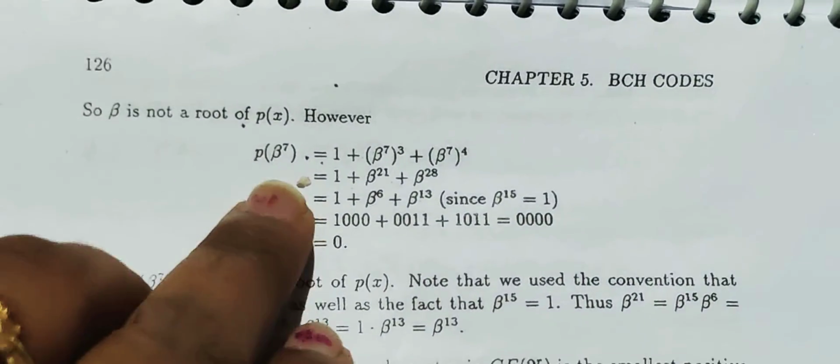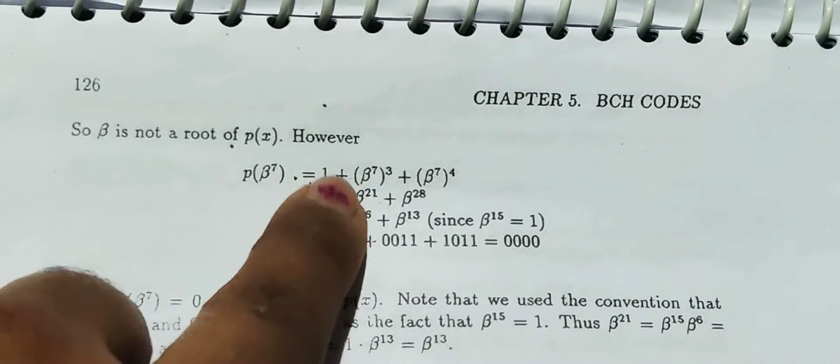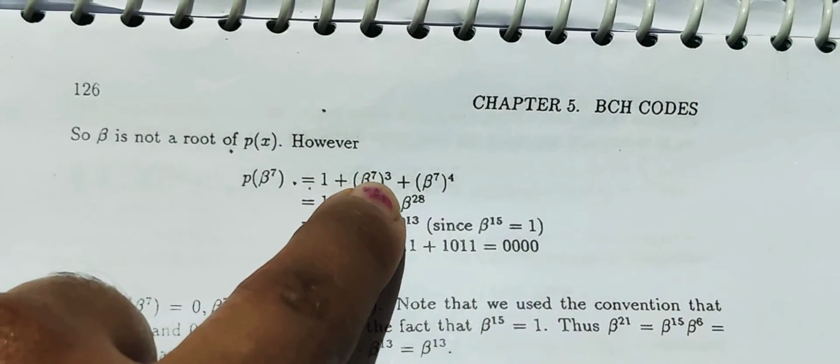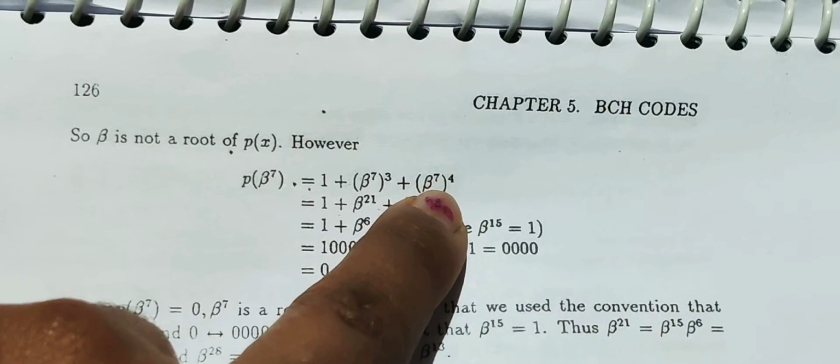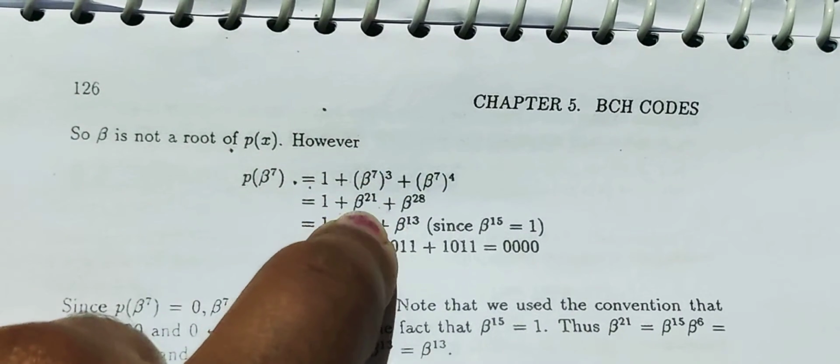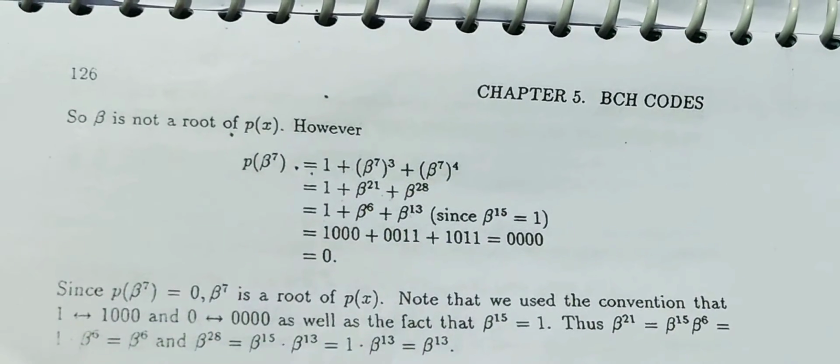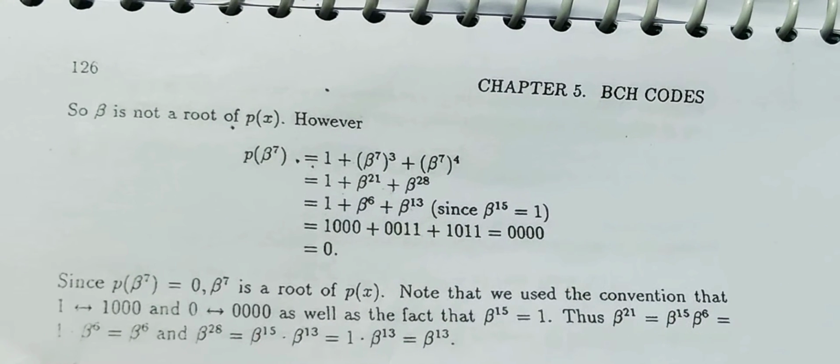So consider next beta raised to 7. So 1 plus beta raised to 7 whole cube plus beta raised to 7 whole raised to 4. This is beta raised to 21 and beta raised to 28.